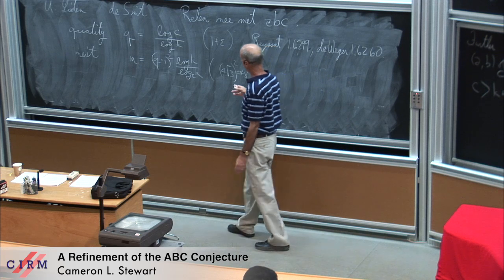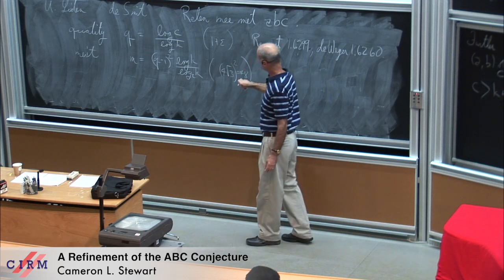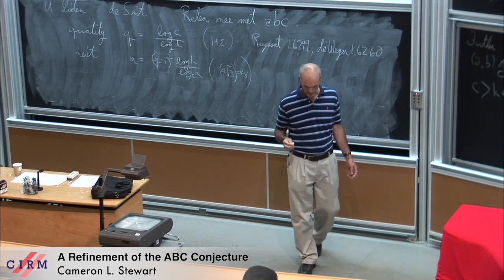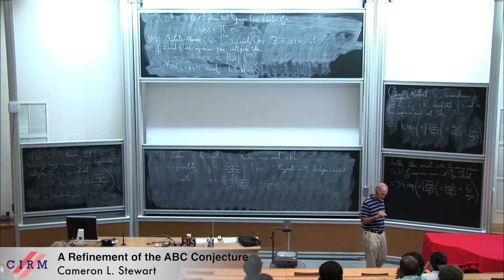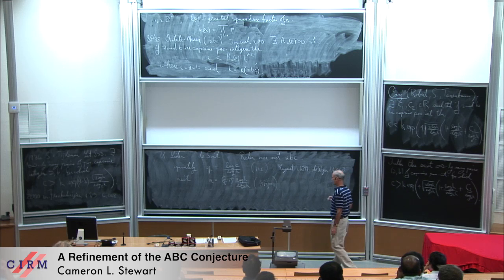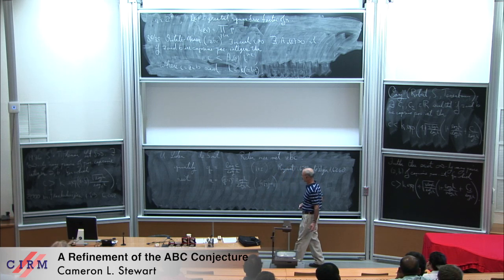In terms of the merit, so that's asking whether 4 root 3 is the correct exponent, something different is happening, because the small values, pairs with A and B small, don't give you the largest merit.